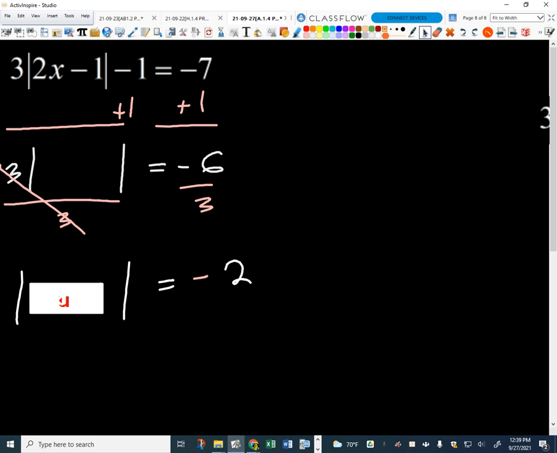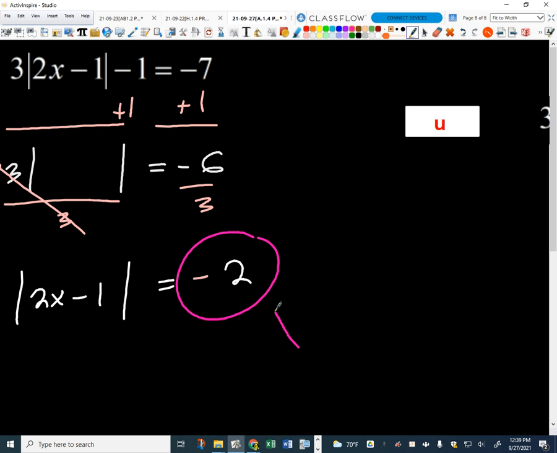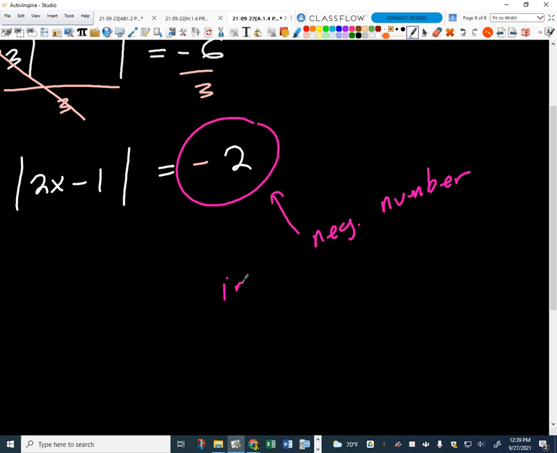It can't, right? So when you see something like this, where when I isolate the absolute value, I get a negative number out here, that's impossible, right? Which means there's no solutions.